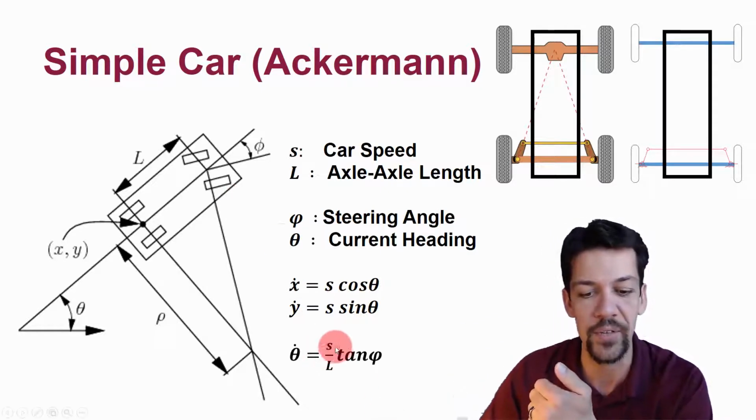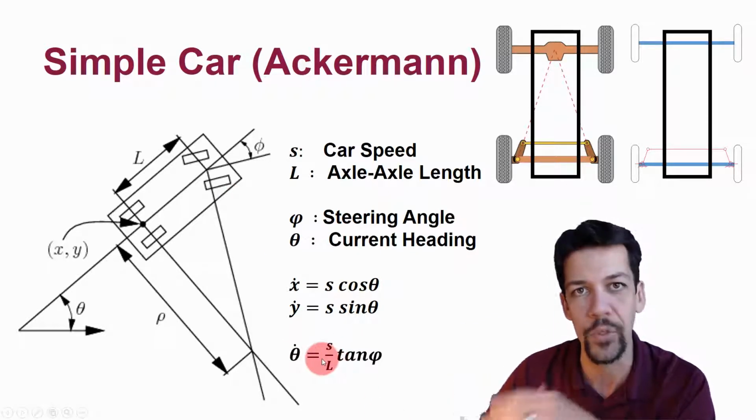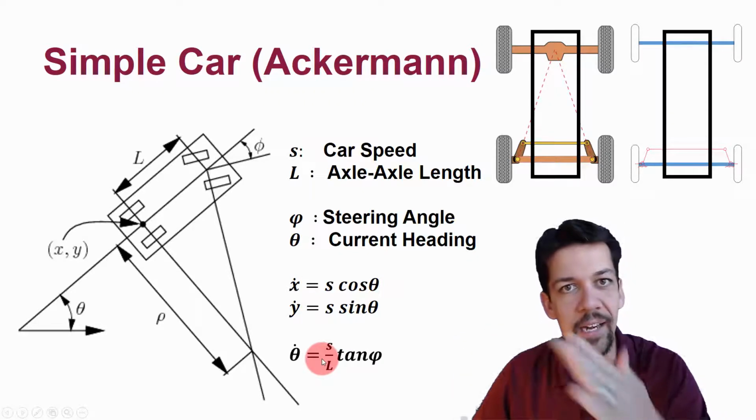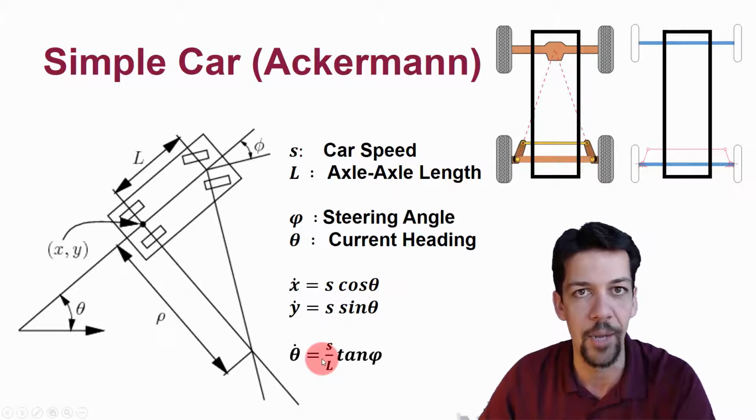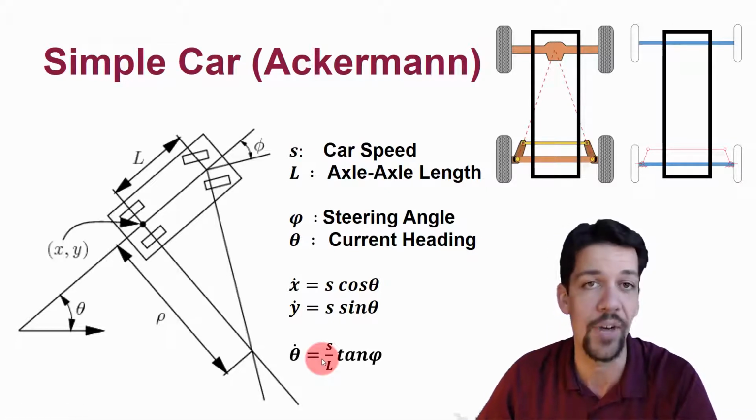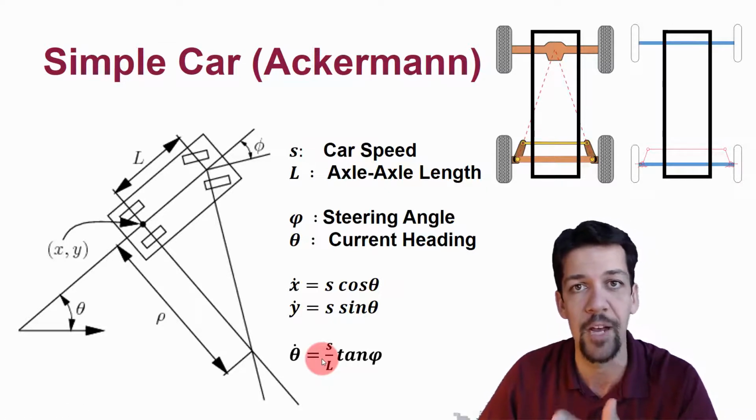And that's exactly what we see for the delta theta, that it ends up changing the angle of the car as it drives around a circle that's swept out by the steering angle.